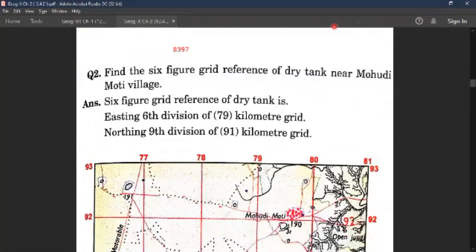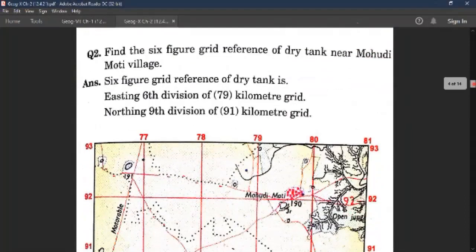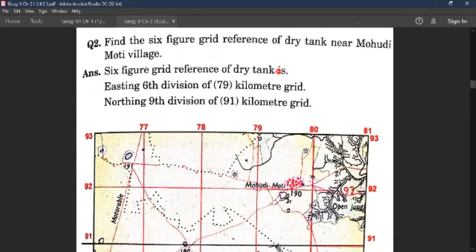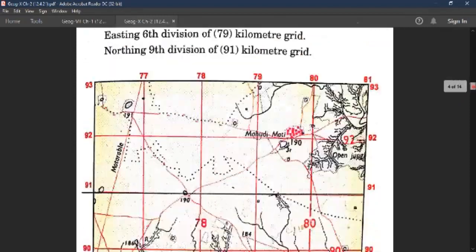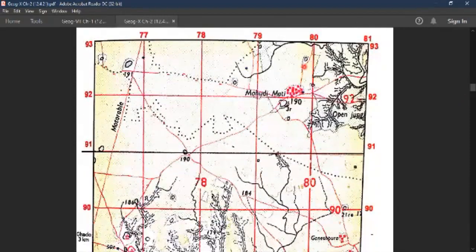So here is another question. You have to find out the six-figure grid reference of the dry tank near Mohudi Moti village. Now this is the topo sheet, and here it is the Mahudi Moti village. Nearby this, a dry tank is being mentioned, right?